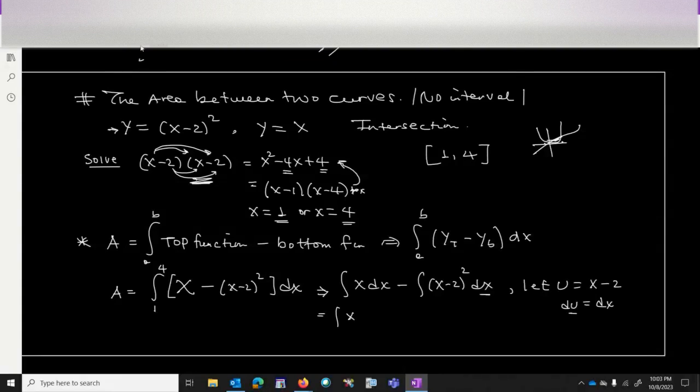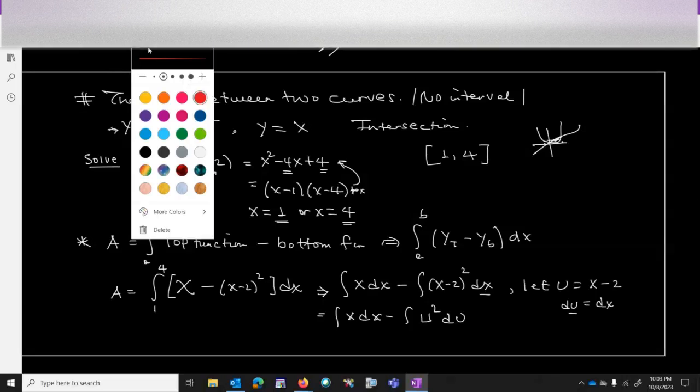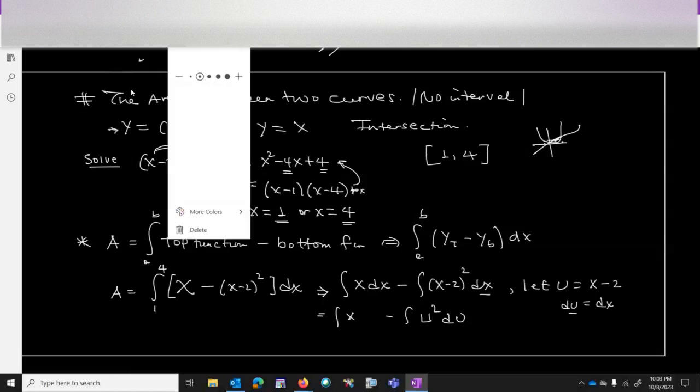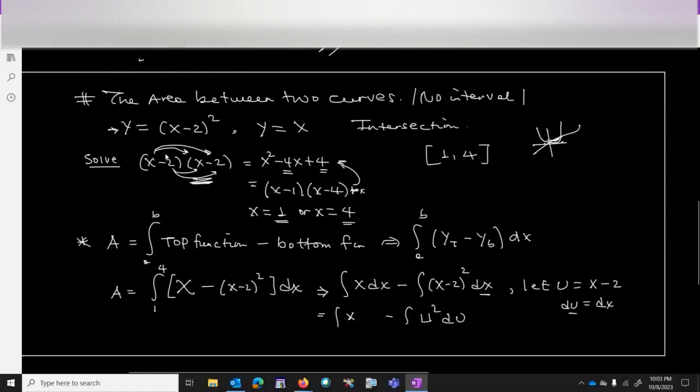So this will give me the integral of x dx minus the integral of u squared du. All right. The same thing, I can change this dx by du, because I already use u substitution.